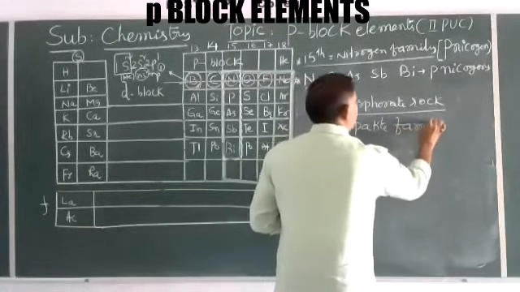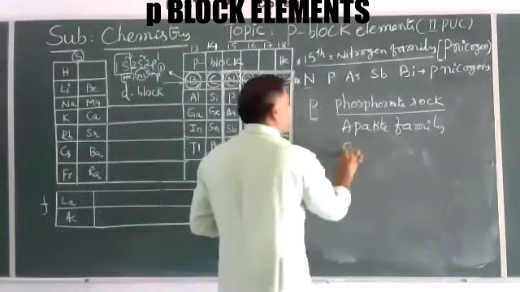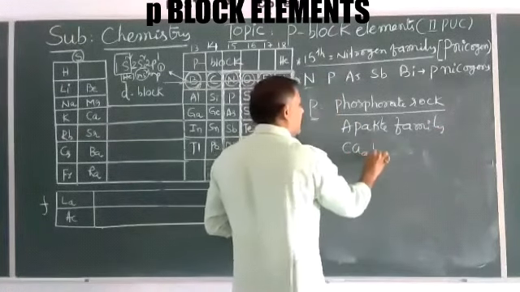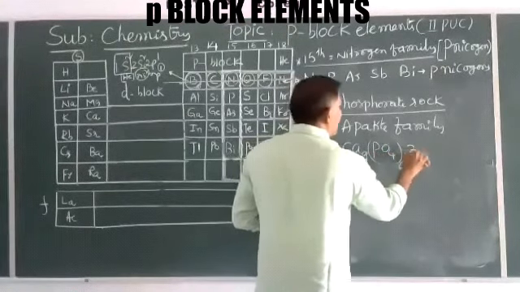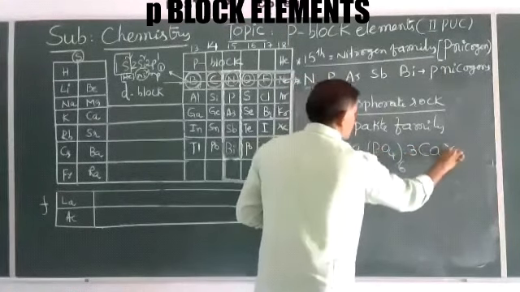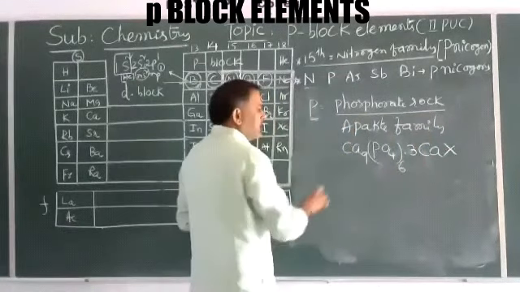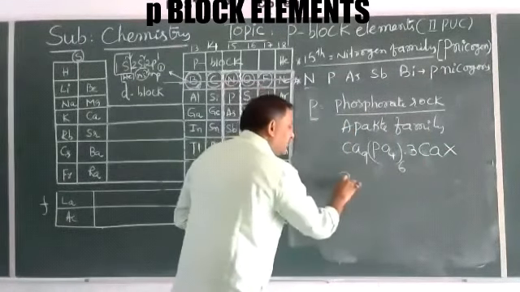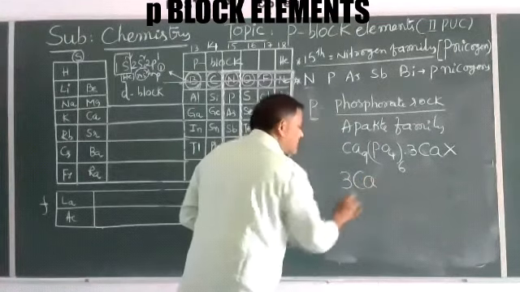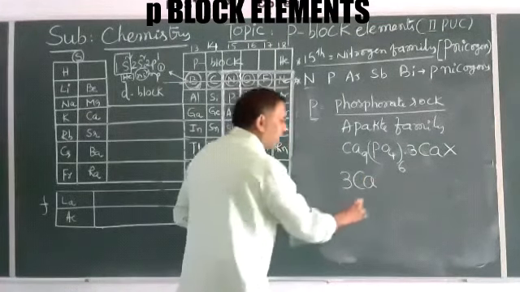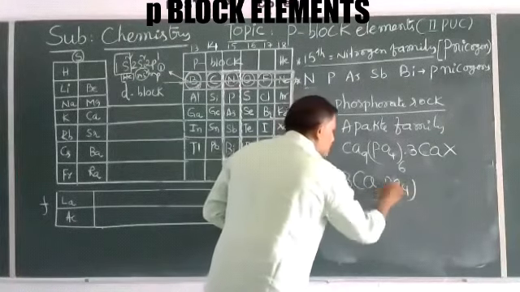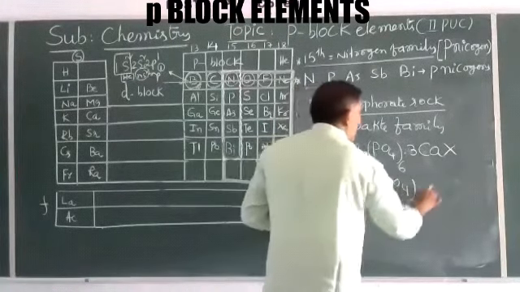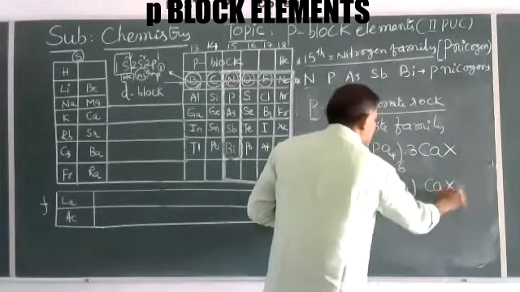That apatite family formula is Ca9(PO4)6, here 3CaX2. This we can also write as 3Ca3(PO4)2·CaX2, since in some other materials they will write it that way.